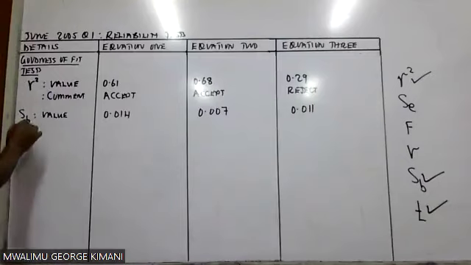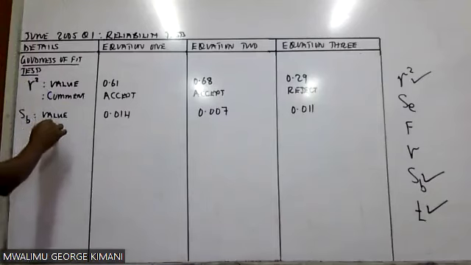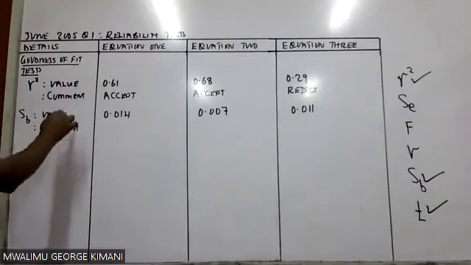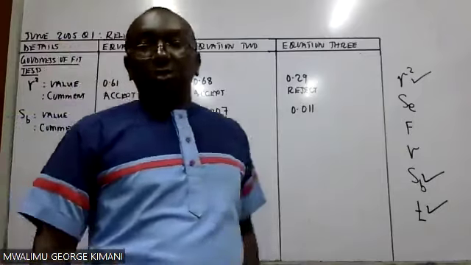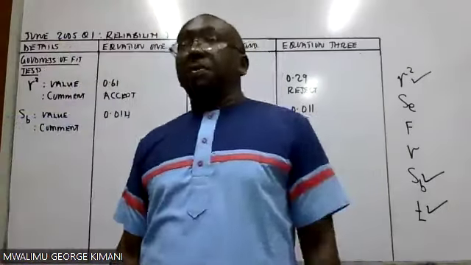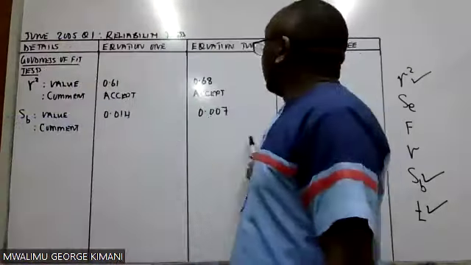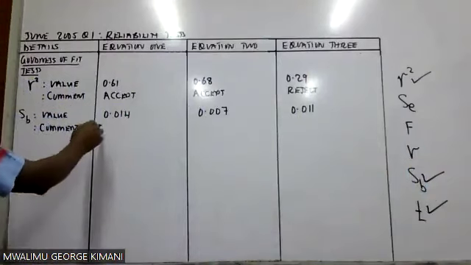So we need to make a comment, and the comment will be guided by what we said. We say that the smaller the value, the better the equation. So simply compare here the highest, the lowest, and the average or the medium. So as you can see, this is the highest.